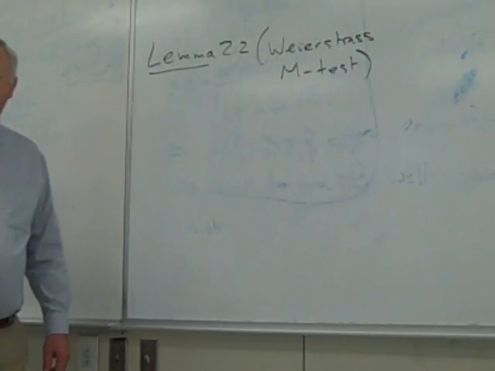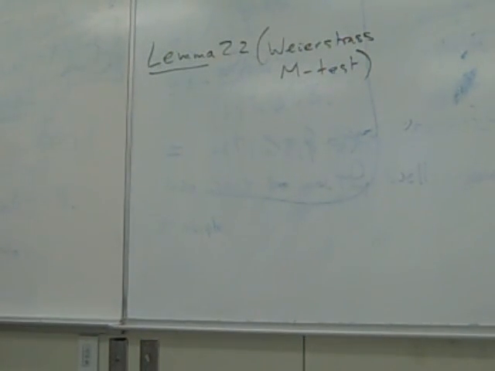Generally speaking, uniform convergence could be quite a difficult thing to determine, and so we need a method, and this one works in most of the situations that one is interested in. So it says the following.